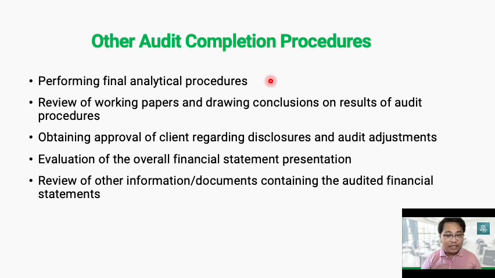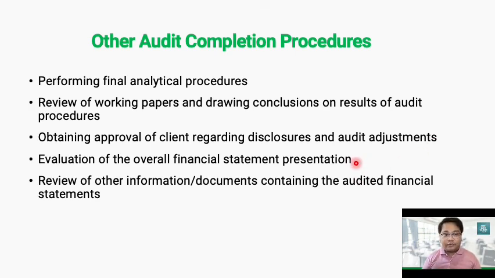That is, whether the final amounts in the financial statements are reasonable based on the procedures that we have performed. We also review the working papers and draw conclusions on the results of our audit procedures. We obtain approval of the client regarding disclosures and audit adjustments. These adjustments are only proposed by the auditor. The final approval should be made by the management.